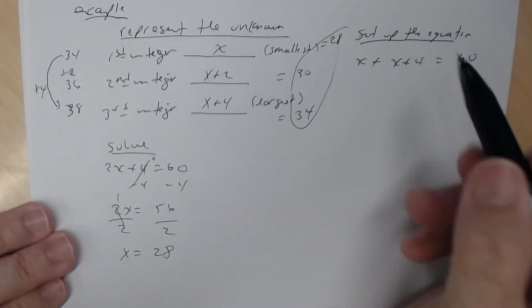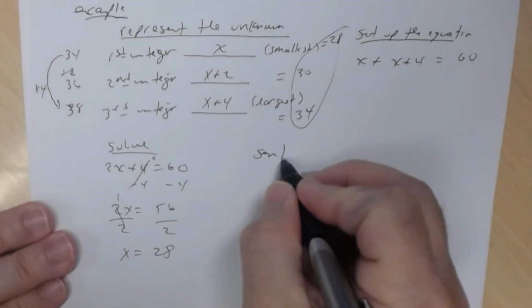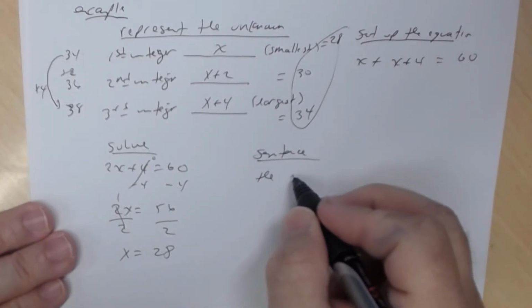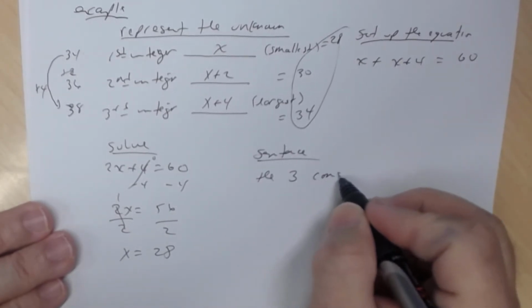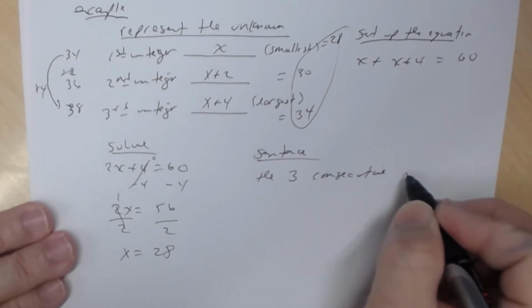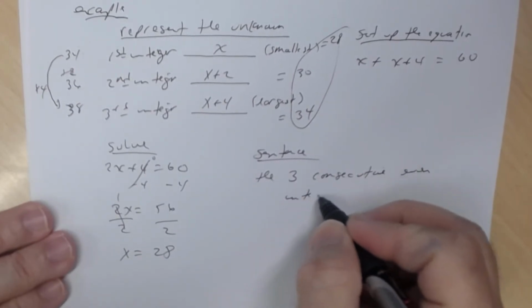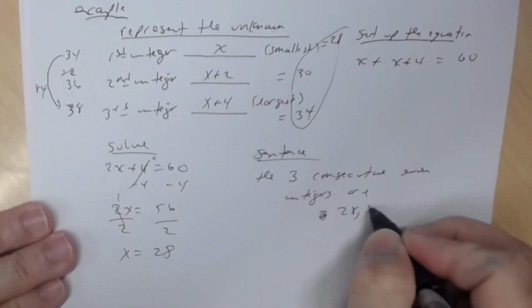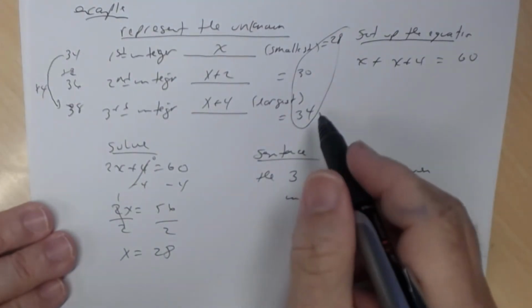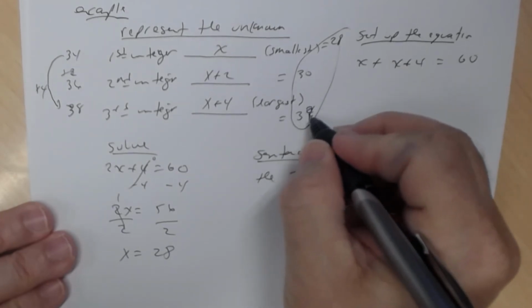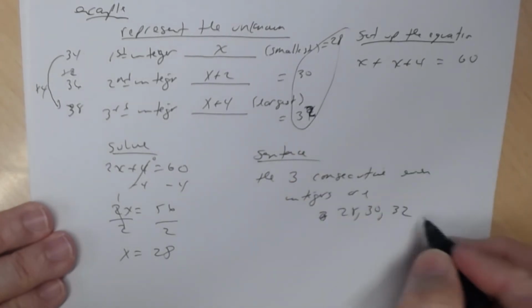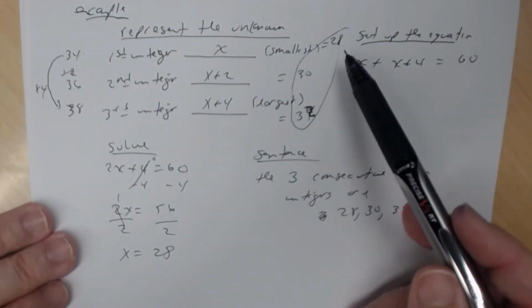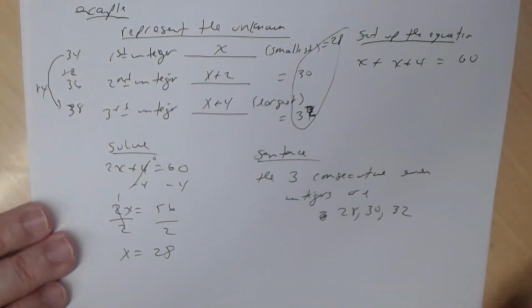Your sentence will be: the three consecutive even integers are 28, 30, and 32. 28 plus 4 is 32.